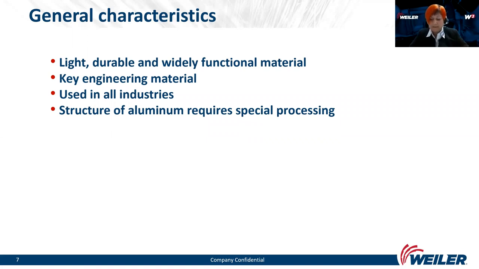These are qualities that make aluminium one of the key engineering materials of our time, and it has become a symbol of progress. We can find aluminium in the homes we live in, the cars we drive, in trains and aeroplanes, in the mobile phones and computers we use on a daily basis, shelves in our fridges, in modern interior design, so in many different industries. But due to its structure, aluminium is a special material and it requires special processing. But Weiler has solutions for all applications.